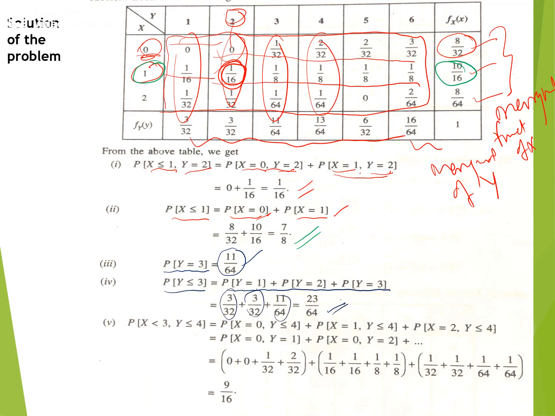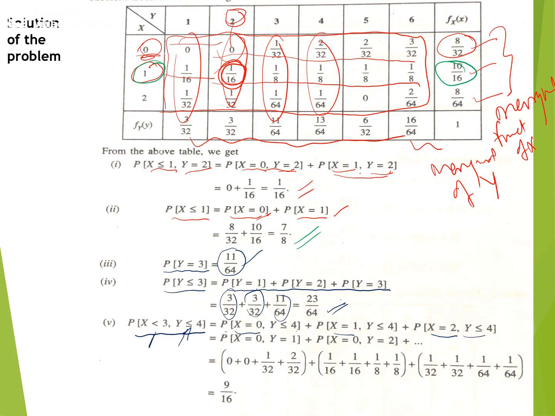Similarly, if we have to find the probability x is less than 3, y is less than or equal to 4, here there are so many combinations. First we vary x less than 3, which means x takes the values x equal to 0, x equal to 1, x equal to 2, with y less than 4.